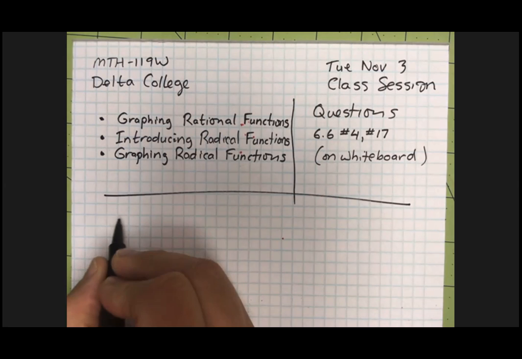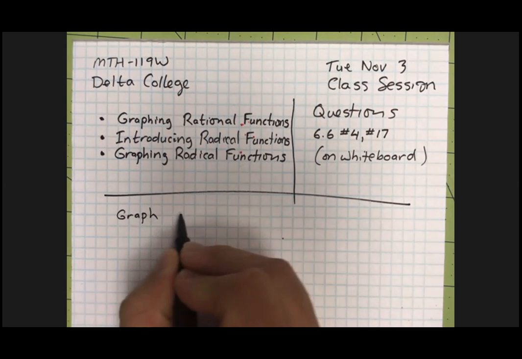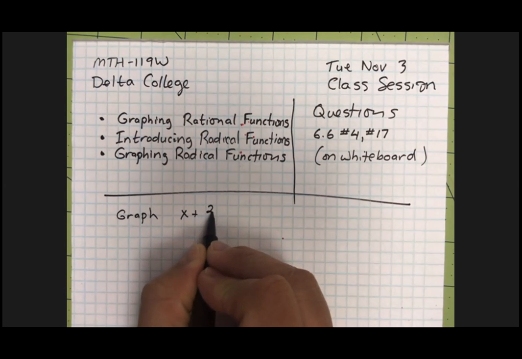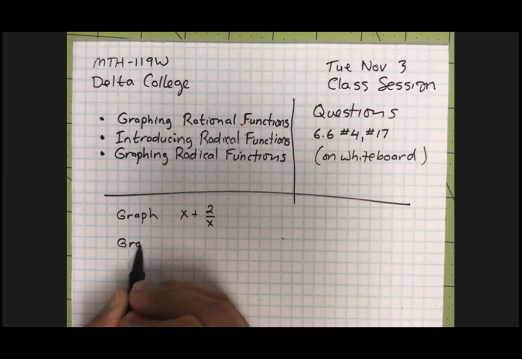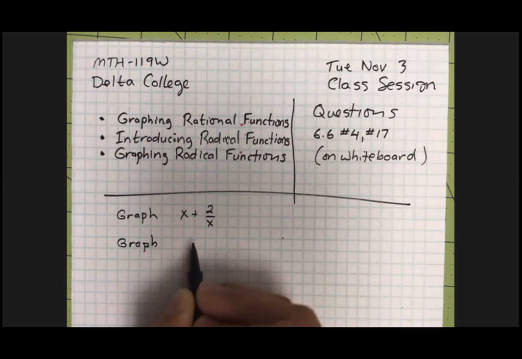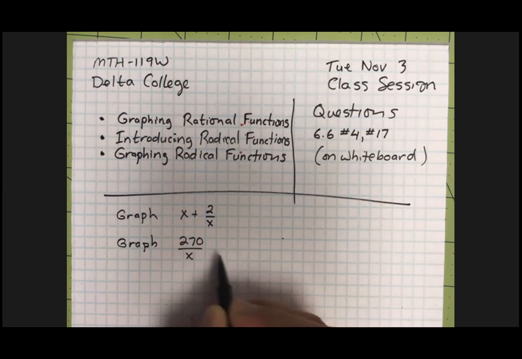So let's graph these things. 270 seems like a large number, but we can deal with it.